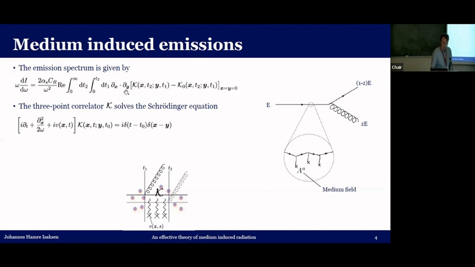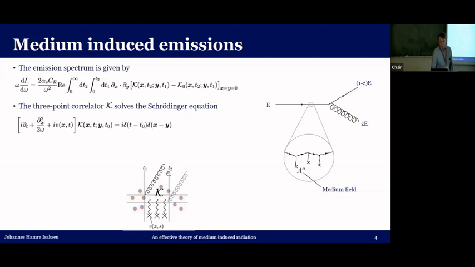The difficult part of solving this is the K here, and you can see it in this illustration. This line is in the amplitude, where the gluon is emitted at time t1, and in the complex conjugate amplitude it's emitted at t2.